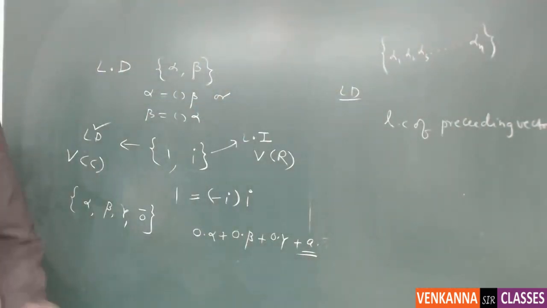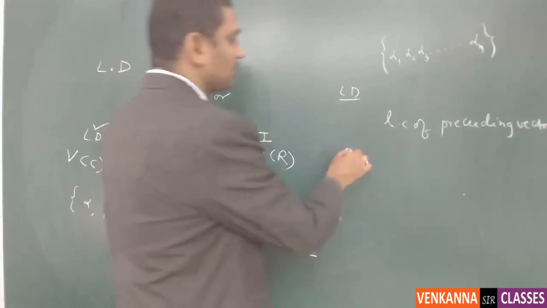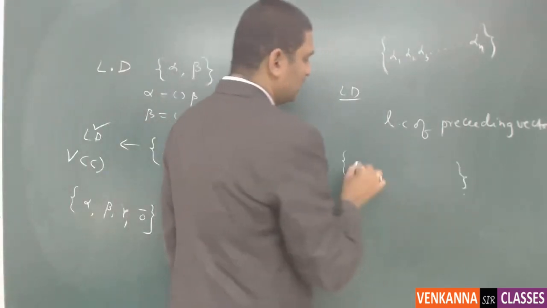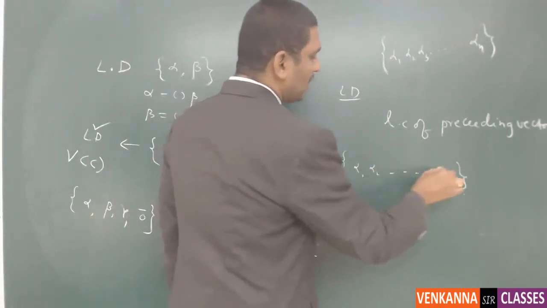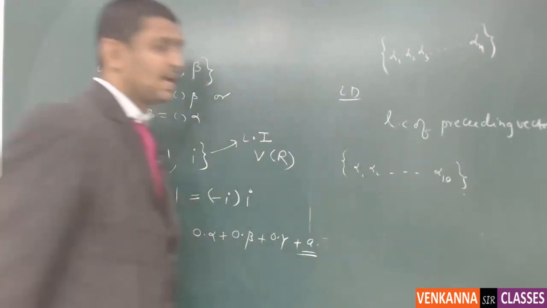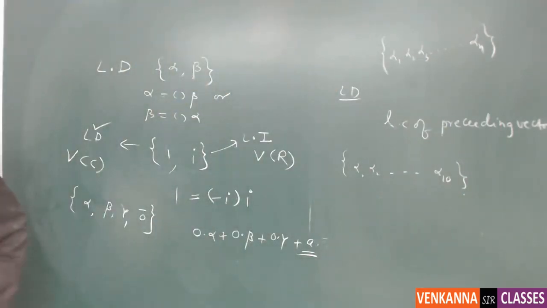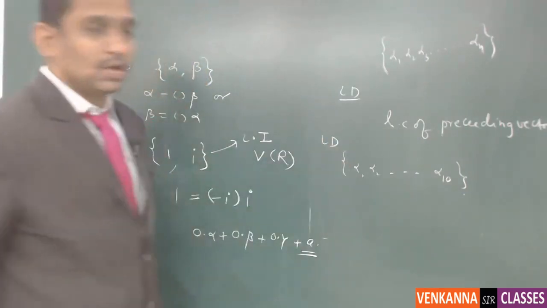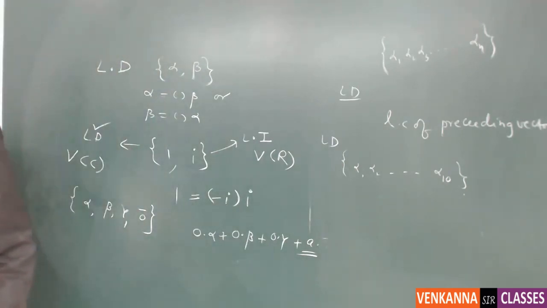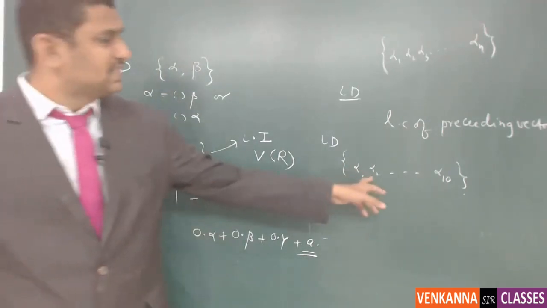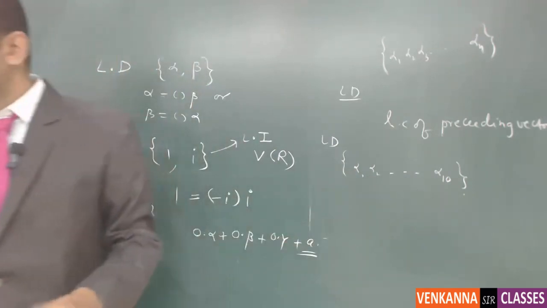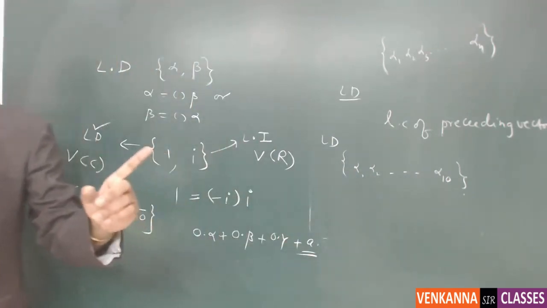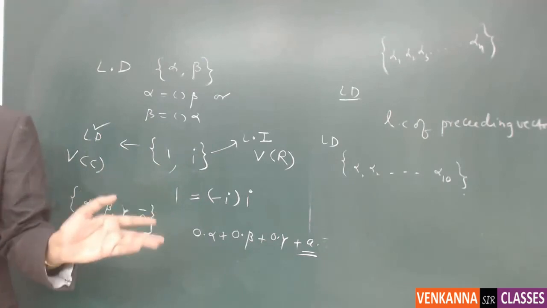So let me say alpha 1, alpha 2, so on, alpha 10. I have taken 10 vectors in one set and I mention that it is LD. So among these 10 vectors, right from the second vector onwards, you can find at least one vector which is a linear combination of the preceding vectors.